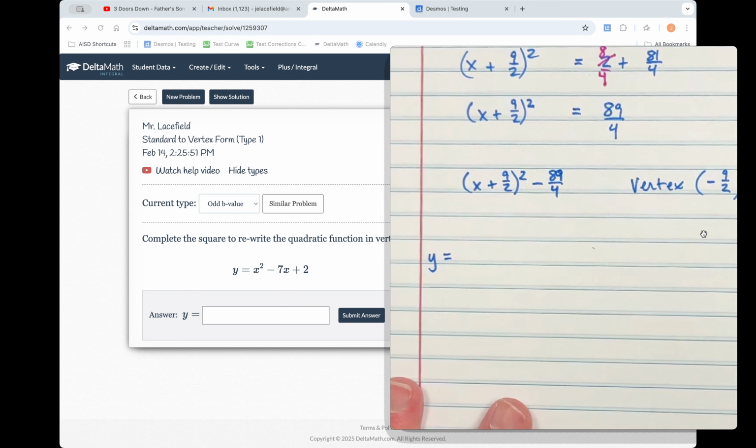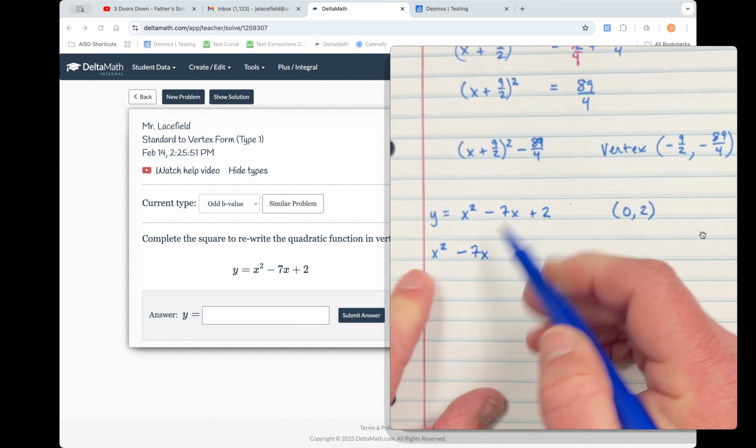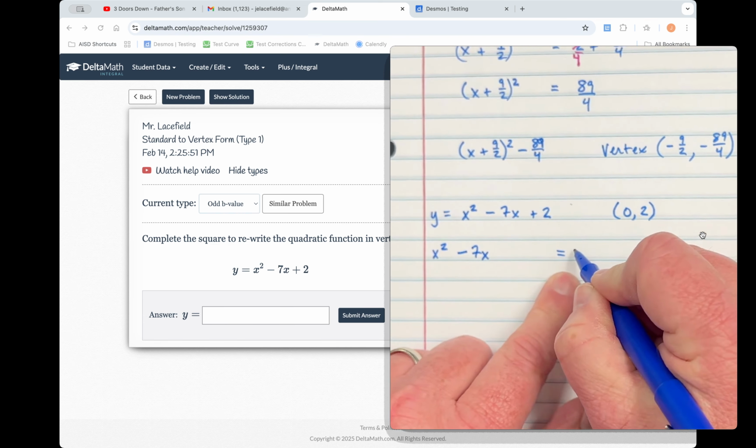All right, now in this next one here, we have y equals x squared minus 7x plus 2. Okay, so same thing, y-intercept is at (0, 2) this time. The vertex form, we're going to start off with x squared minus 7x. We're going to move the 2 over to the other side, make it minus 2.